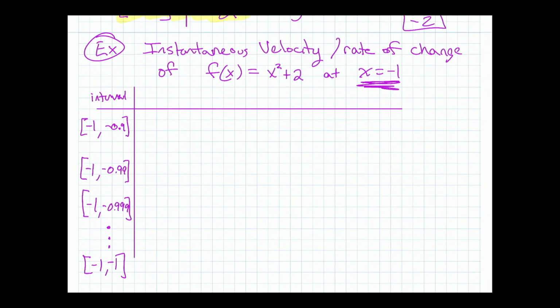Now, what's the formula that we're using, right? Remember, we're going to be doing f of b minus f of a over b minus a. That's it.